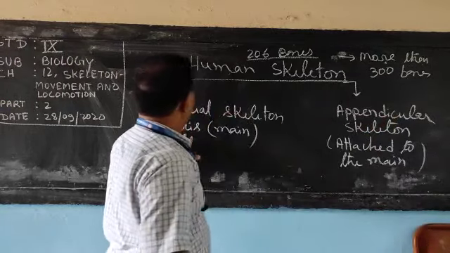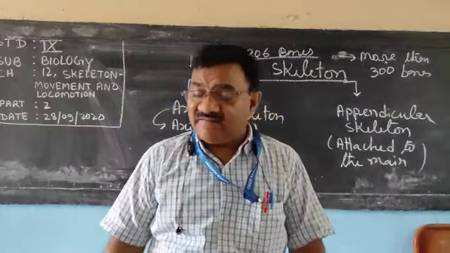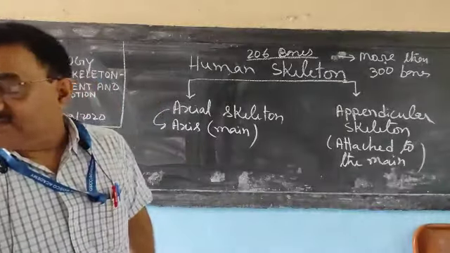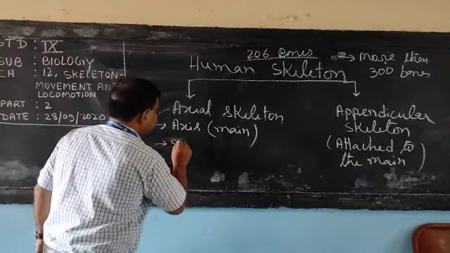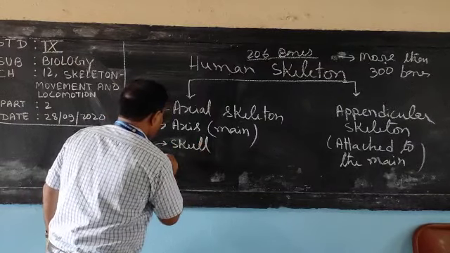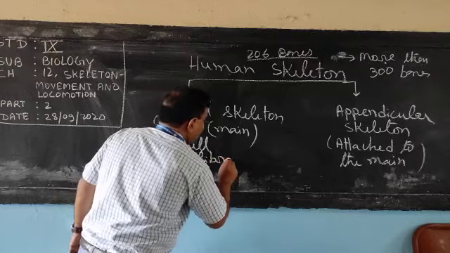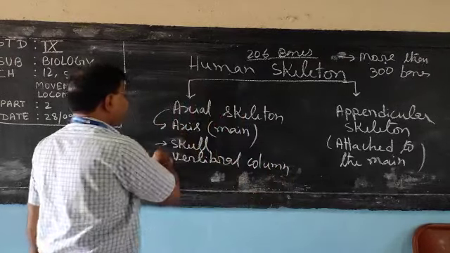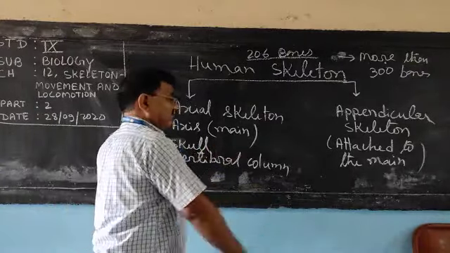Try to understand: axis means main, and what is there in the main? The skull and the vertebral column. We will discuss these two things in detail.